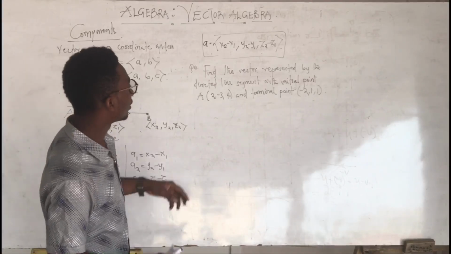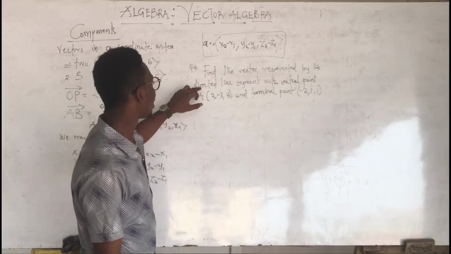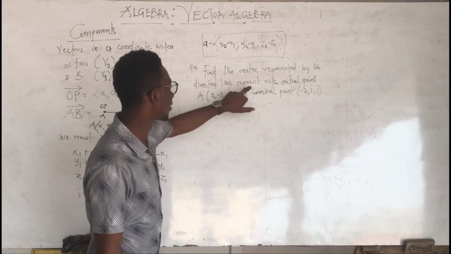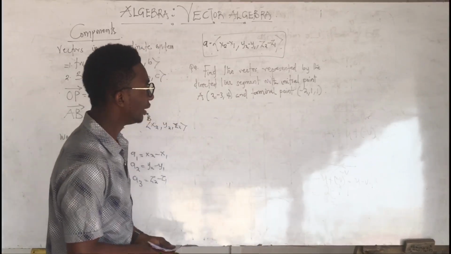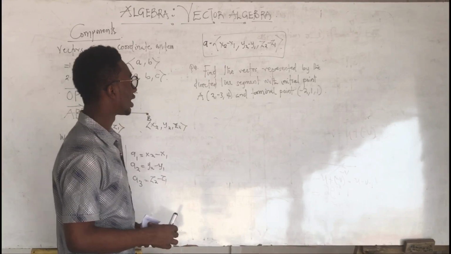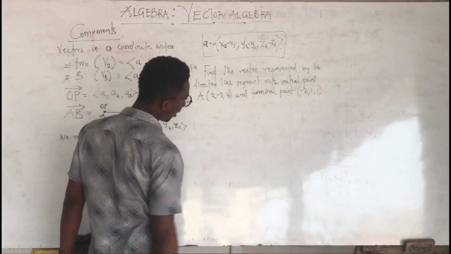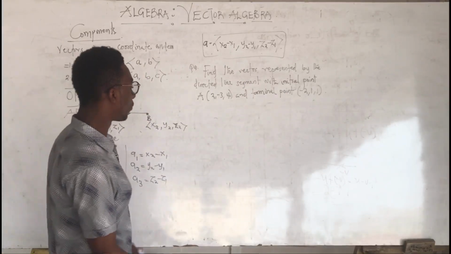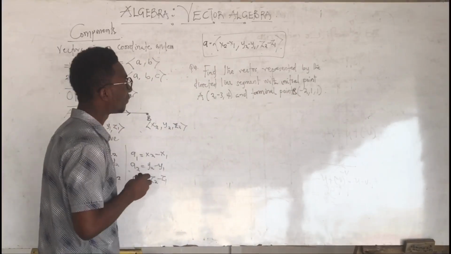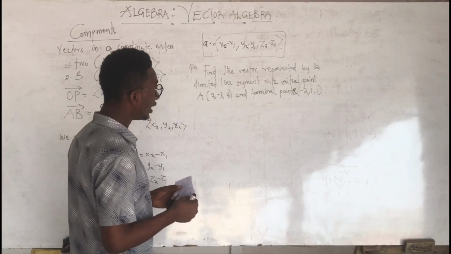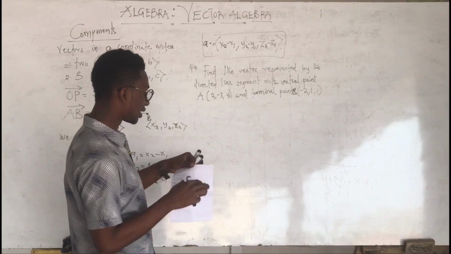It says that we should find the vector represented by the directed line segment with initial point A and terminal point B. This is a particular vector in a 3-coordinate system.